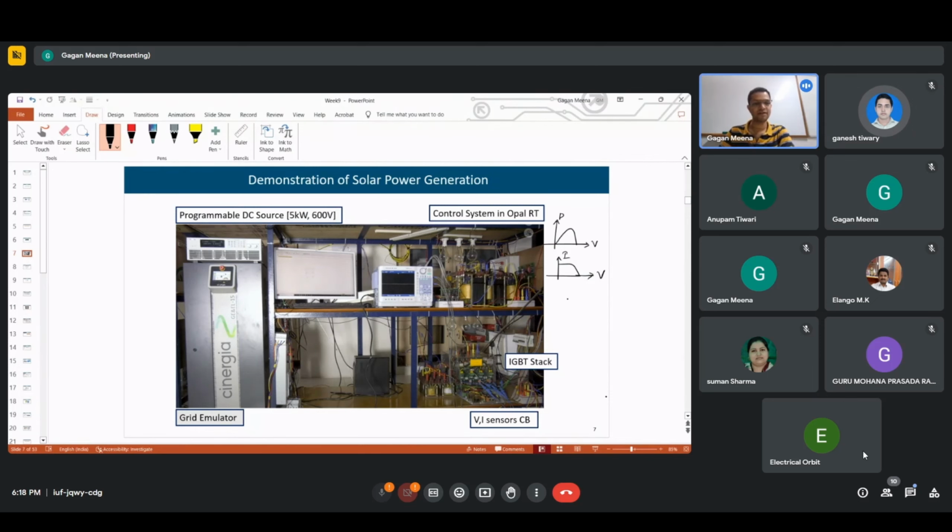Yeah, I'm on that slide only, but I'm drawing something. Can you see that? Sorry. No, sir. Can you see what I'm drawing? What about others? Yes, others are able to see.